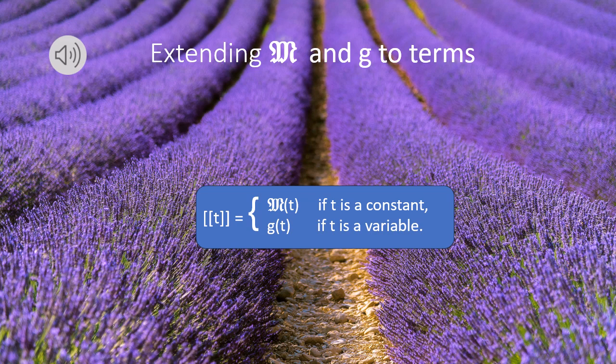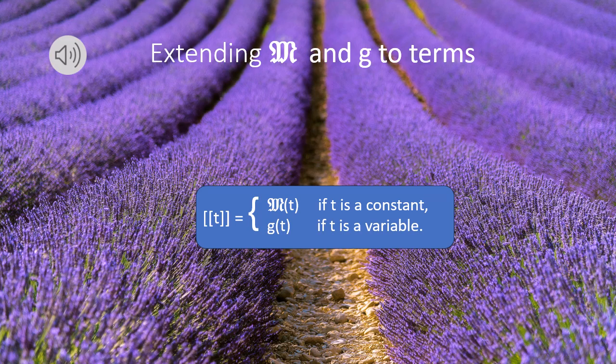And so our terms are either just going to be the constants from the language or the various variables in the language. Now, the first order structure M tells us how to interpret the constant symbols, and the variable assignment G tells us how to interpret the various variables.